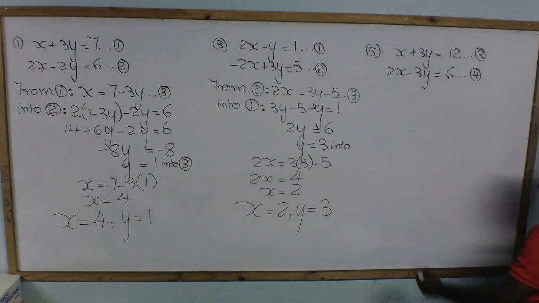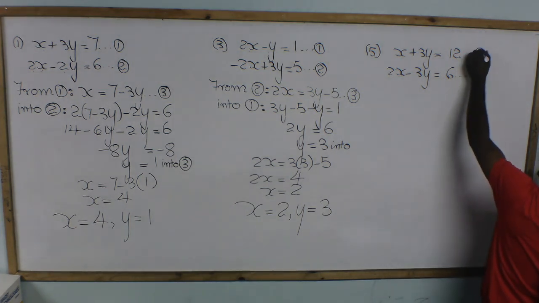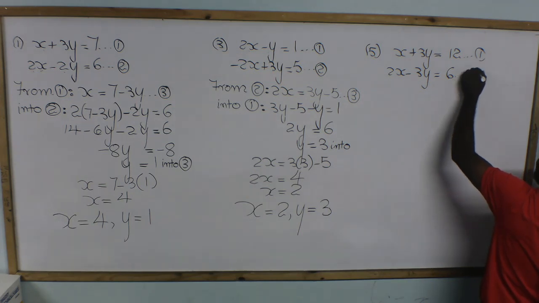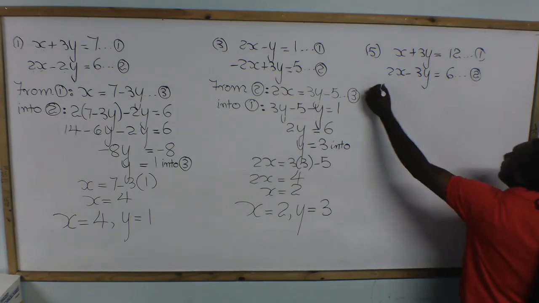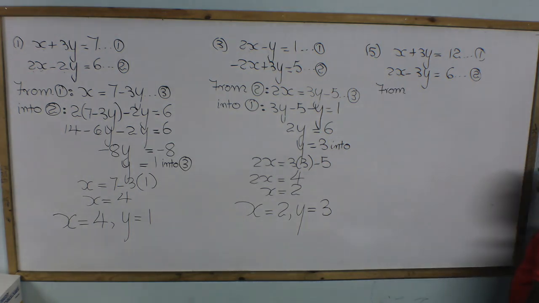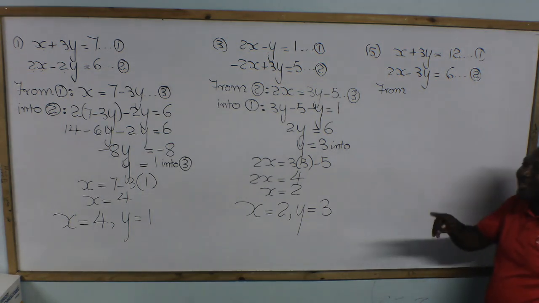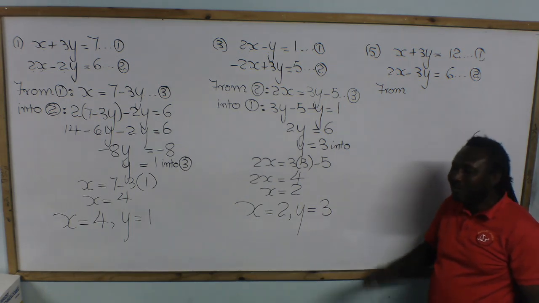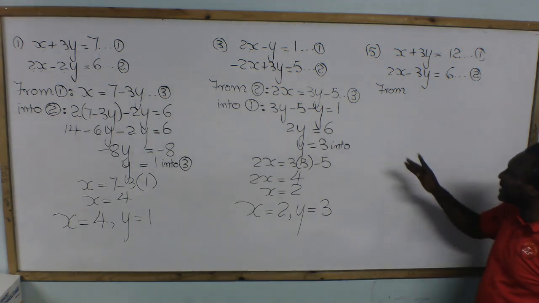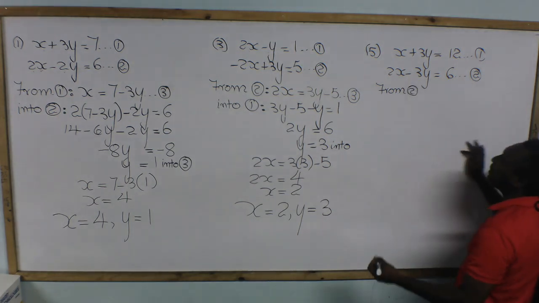So, what do you think I have to say from this one? Change these to equation 1 and equation 2. So I say from, which one do you imagine? If I'm going to take a different approach from what you took, what do you imagine that I will say from equation what? 2.